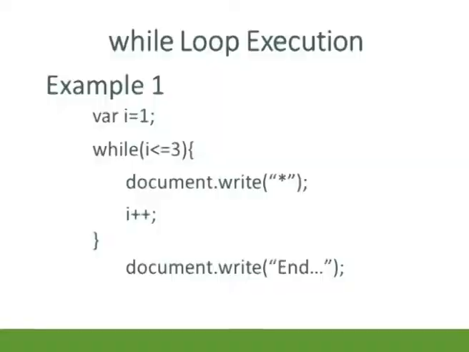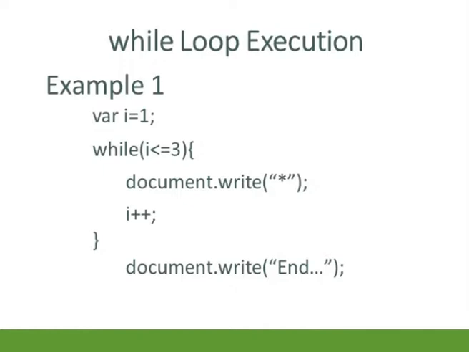Here is an example. We have declared a variable I with the initial value equal to 1, and then we have a while loop, and you can see inside the brackets the condition is written. In our case the condition is I less than or equal to 3. If this condition is true, there are two statements that we want to execute. Therefore, we have to make a block of them by putting the brackets.